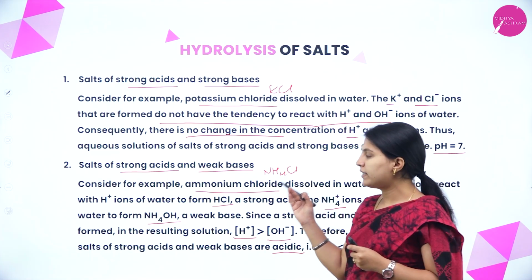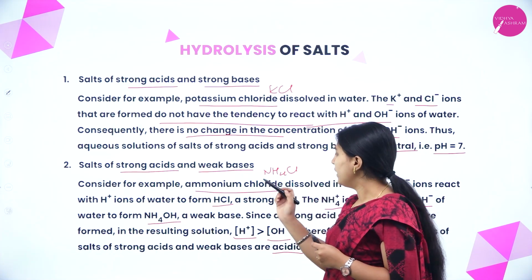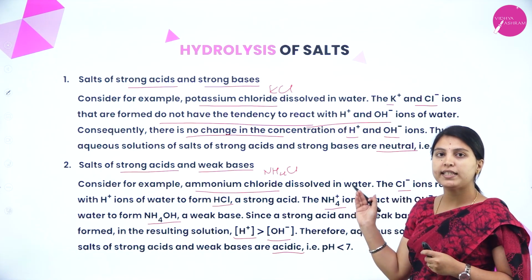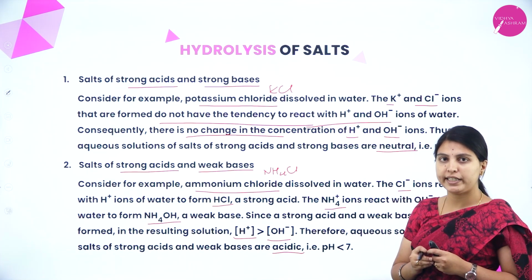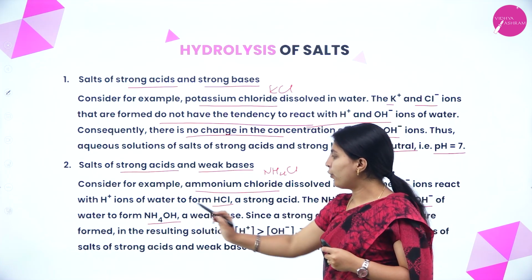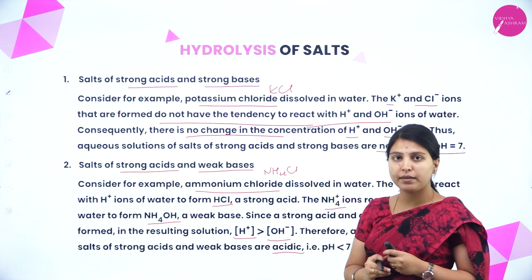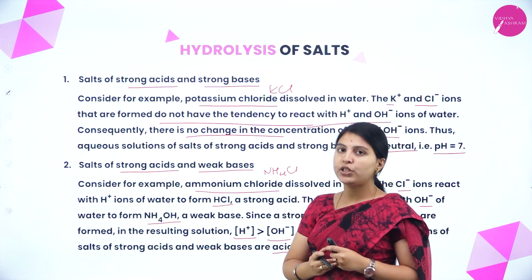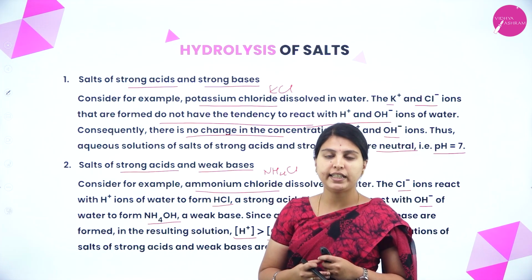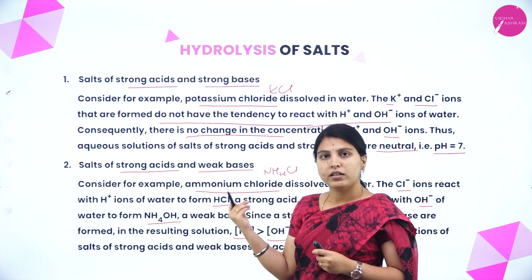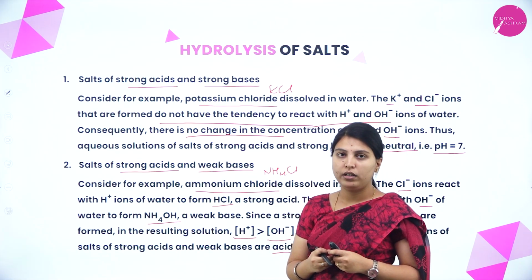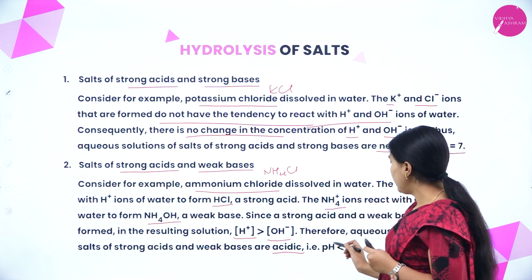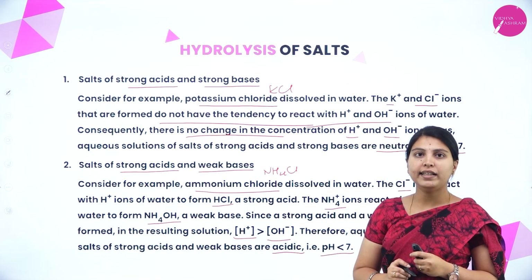Whenever H+ and Cl- react, a strong acid HCl will form. Whenever NH4+ and OH- of water react, NH4OH, that is ammonium hydroxide, which is a weak base, will form. At that time the concentration of acid will increase compared to the concentration of base. Then the overall salt solution will be acidic. So the pH will be less than 7.